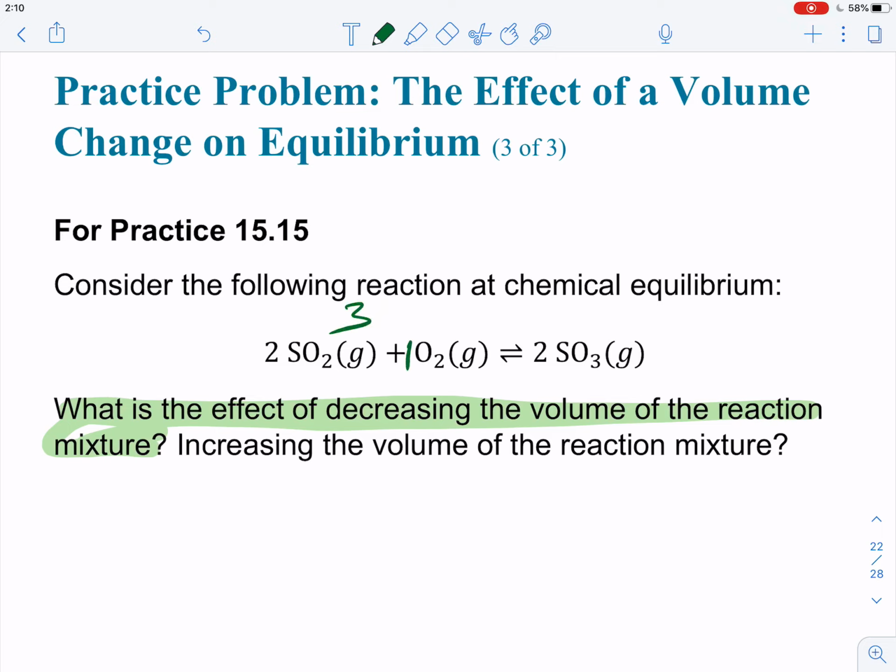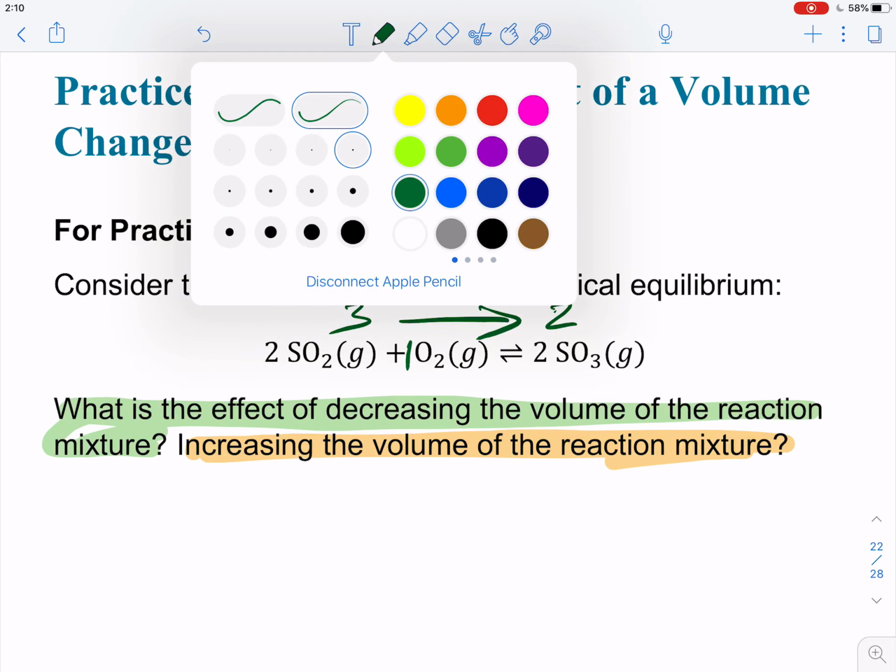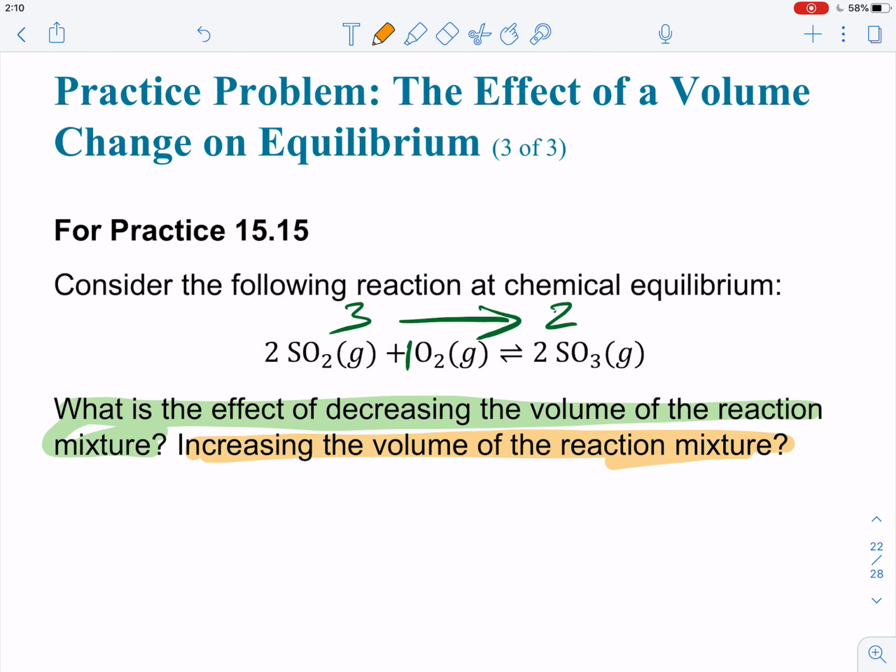If you decrease the volume, then you are favoring the side with the least number of moles of gas, which is the product side. And if you increase the volume, well, the opposite is true. Okay, if you increase the volume, you are favoring the side with the highest amount of moles of gas, so the reaction will shift in that direction.